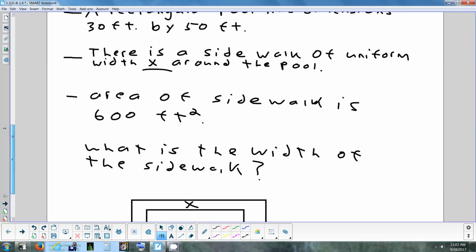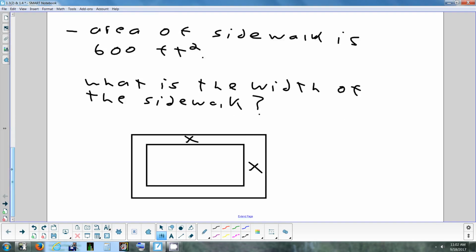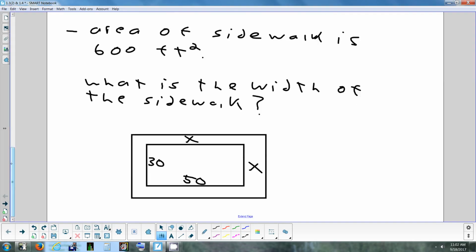I also know the dimensions of the pool. It's 30 feet by 50 feet. Okay, so I've got that. And I know one other thing. The area of the sidewalk. And that was 600. Okay, any questions on the diagram?